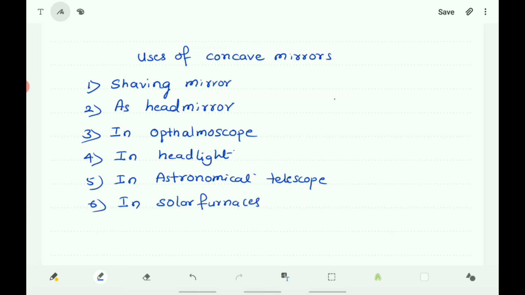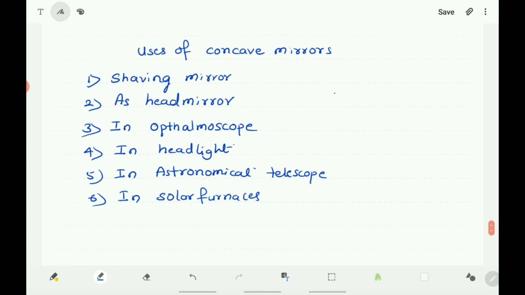So these are the main uses of concave mirrors.